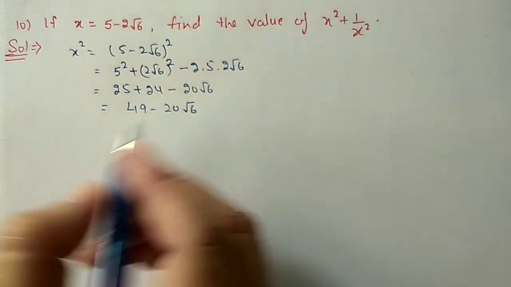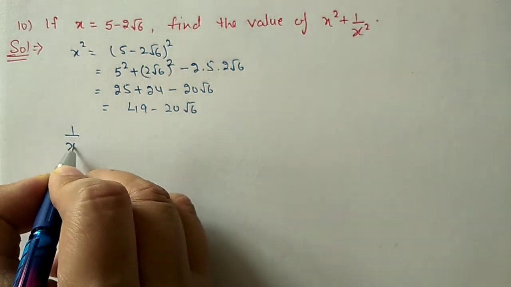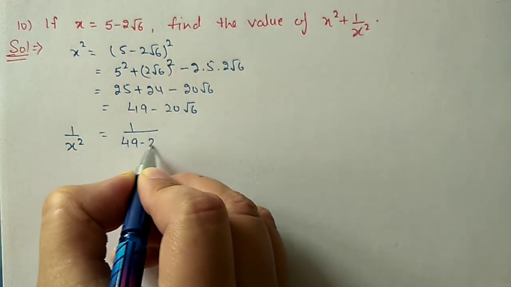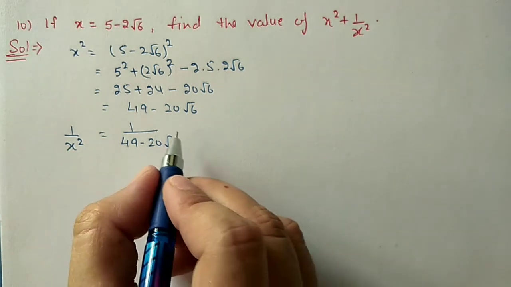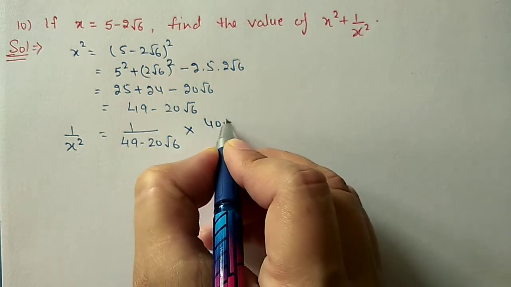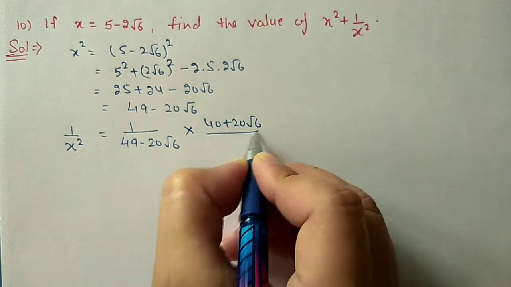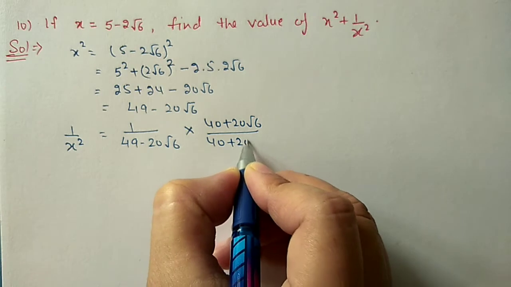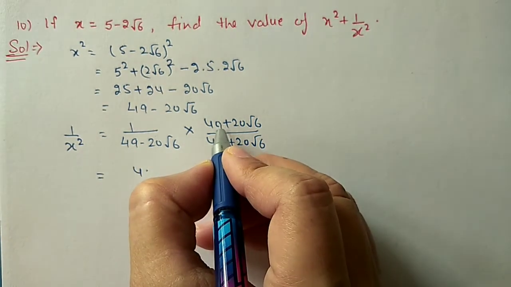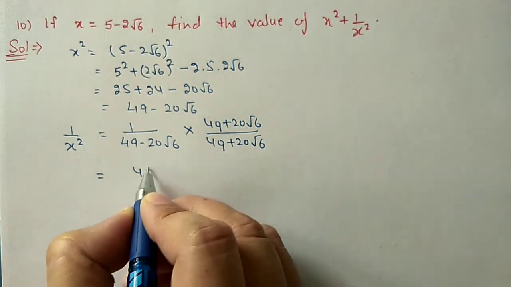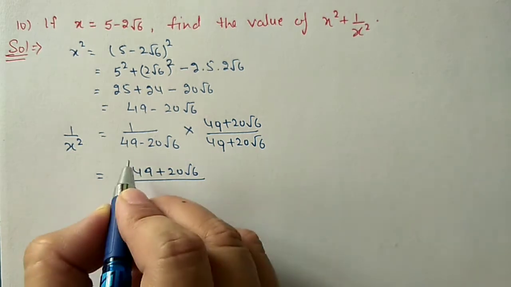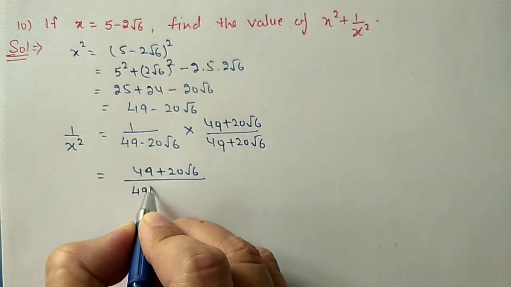Now we will find out 1 by x square. 1 by x square is equal to 1 by 49 minus 20 root 6. Now first we have to rationalize it. For that we will multiply with 49 plus 20 root 6 up and down. The numerator will become 49 plus 20 root 6, and for the denominator we will use the a plus b into a minus b formula.